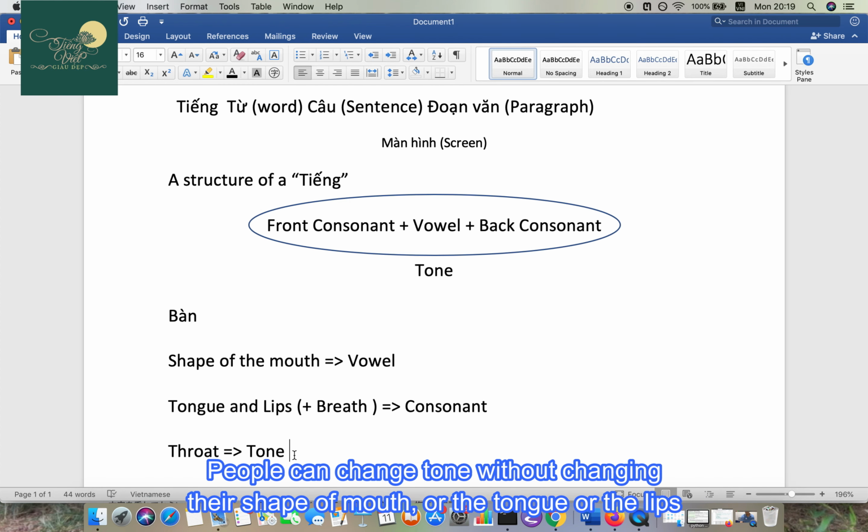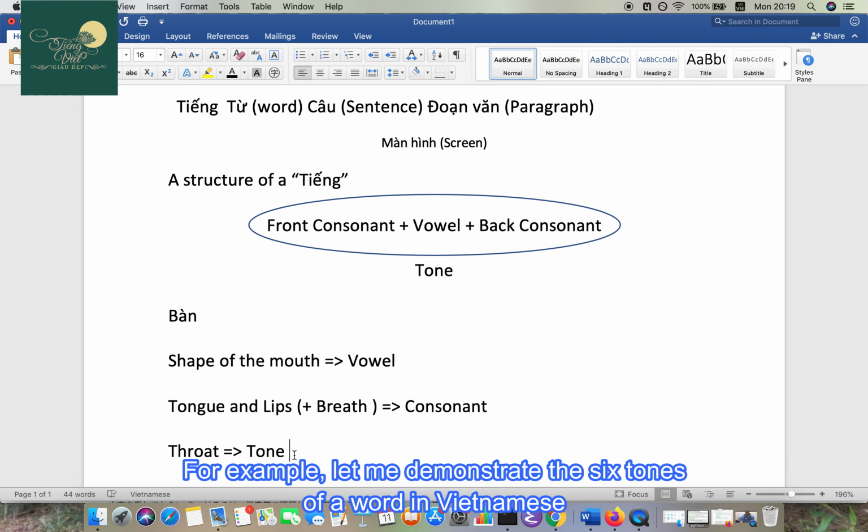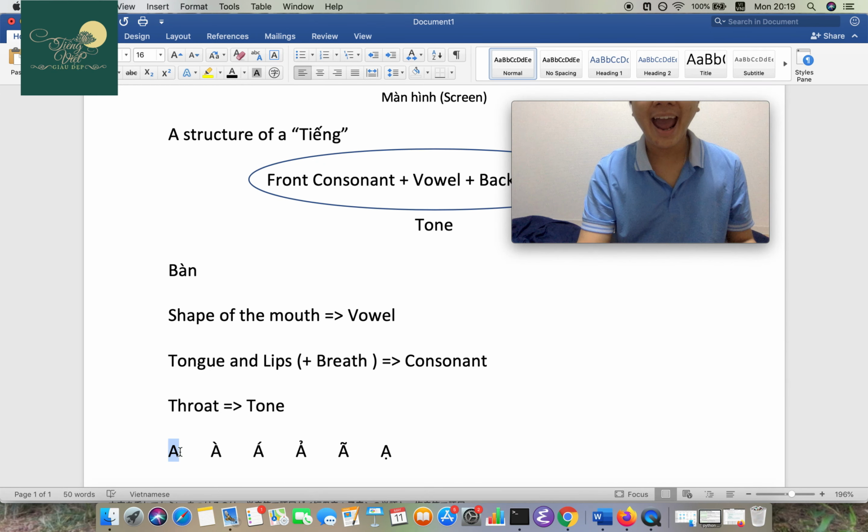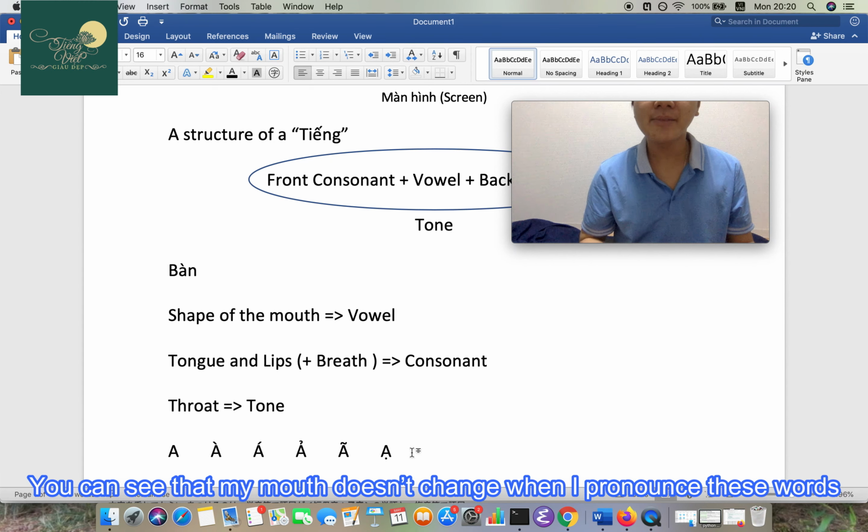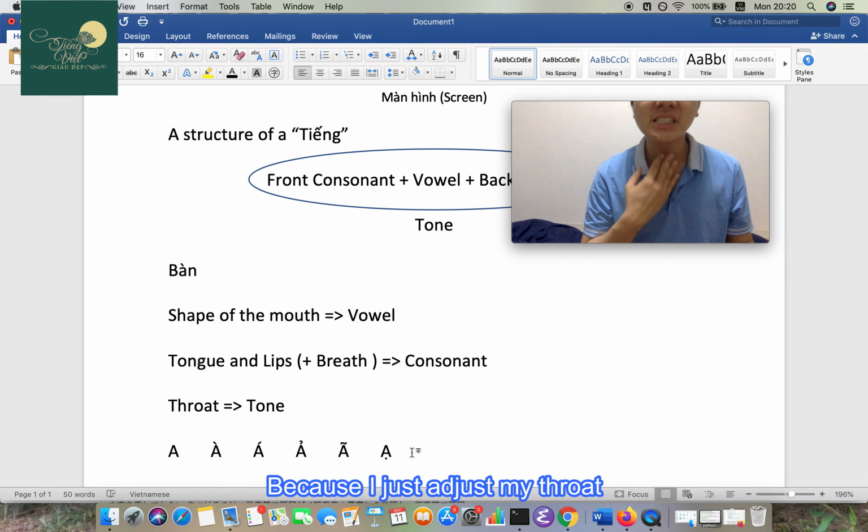People can change the tone without changing their shape of mouth or the tongue or the lips. For example, let me demonstrate the 6 tones of a word in Vietnamese. A, a, a, a. You can see that my mouth doesn't change when I pronounce the word, because I just adjust my throat.